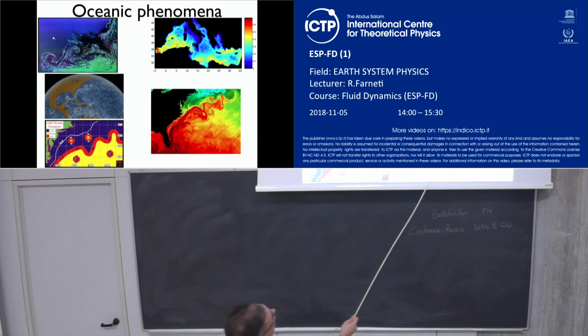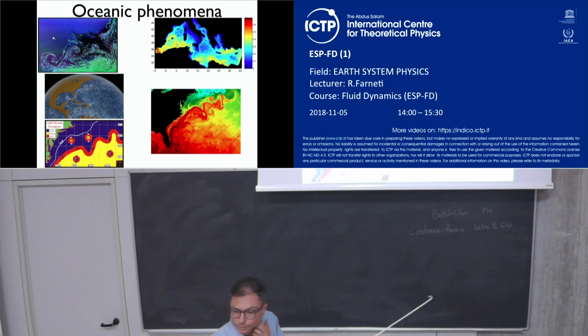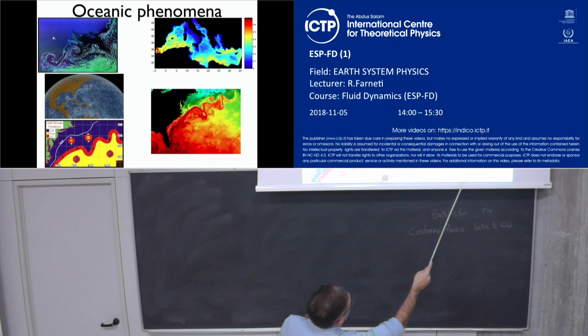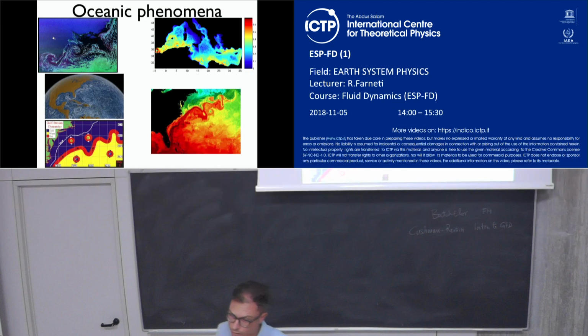This is a satellite image of the Gulf Stream. Now this is surface temperature: red is warm, and blue and green is colder. So you see this red and warm current flowing towards the north, and then it starts mixing and forming these circular patterns here. Those circular patterns are again instabilities of the flow, and those instabilities will bring you to mixing of the tracer in the ocean, same thing in the atmosphere.